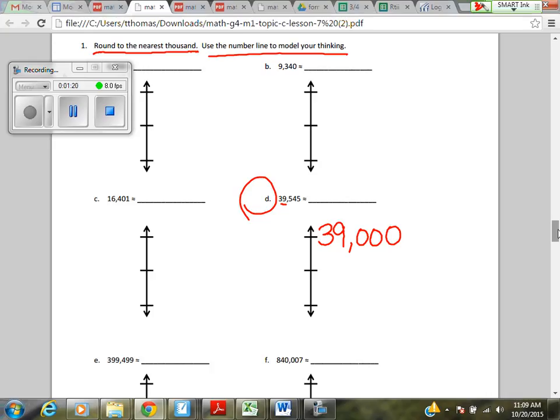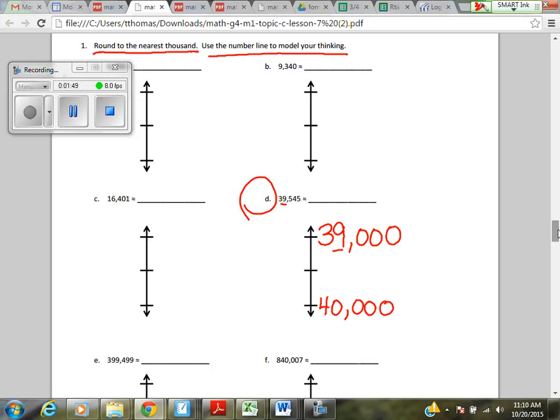So I'm going to take that 9 and I'm going to add 1 to it. 9 and 1 more makes 10, which means that I need to regroup my number. So that gives me 4 10,000s and 0 thousands, which is the number 40,000. So my number could either round to 39,000 at the top or 40,000 at the bottom.